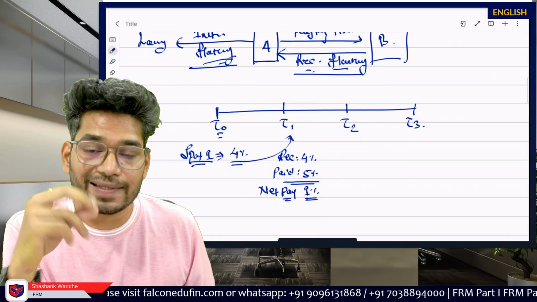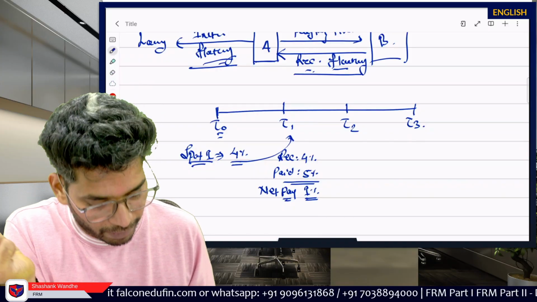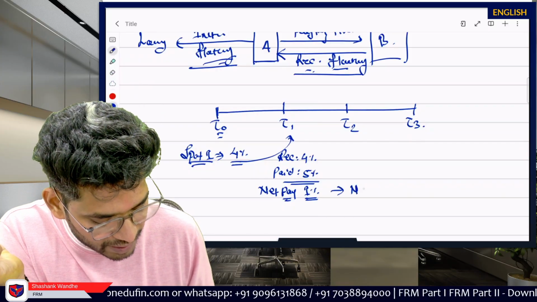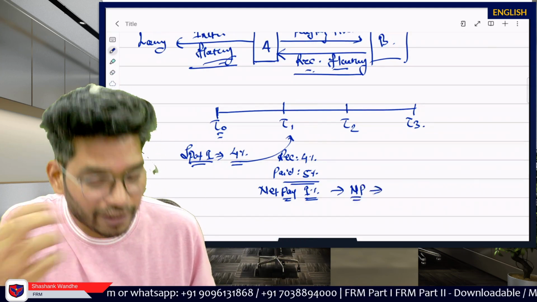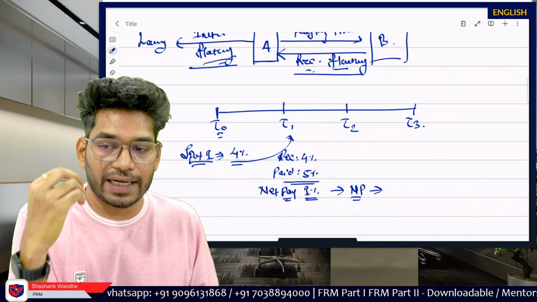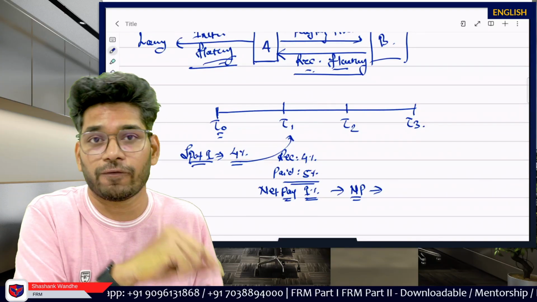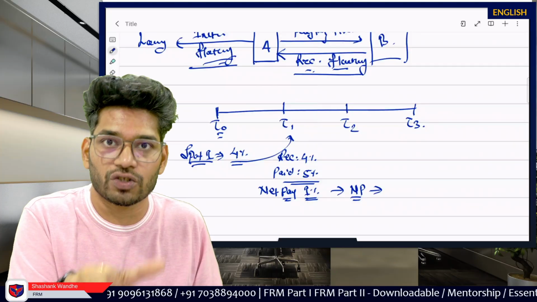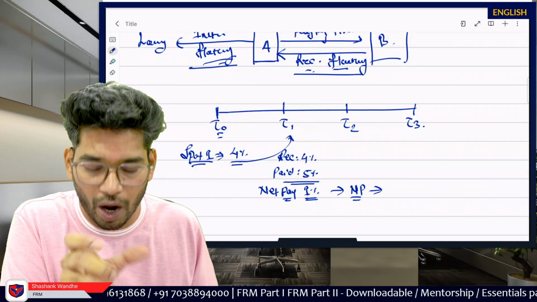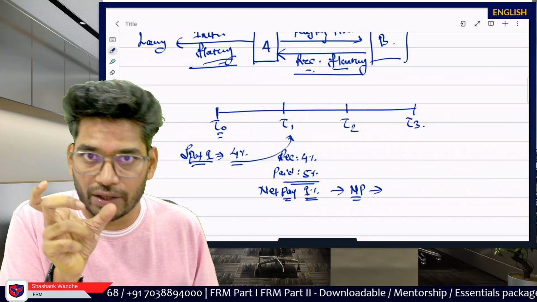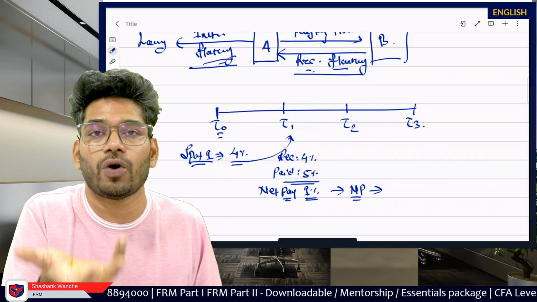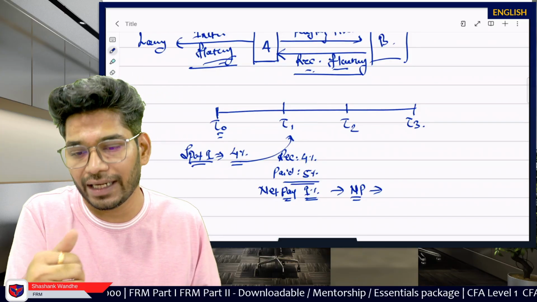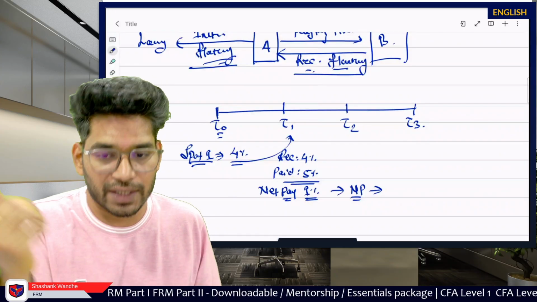And remember, this is based on the notional principal. 1% of what? 1% of notional principal. We call this notional principal because it is not exchanged in the fixed to floating swap case. In a fixed to floating swap, we don't exchange the notional. It is notional: this is the amount on which we do all the calculation of receiving the percentage rate and paying the percentage rate.